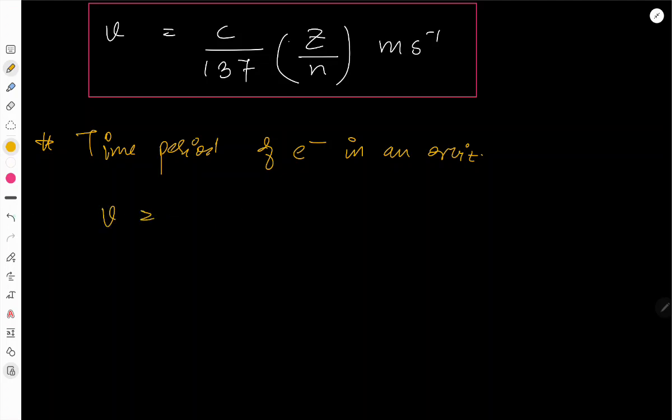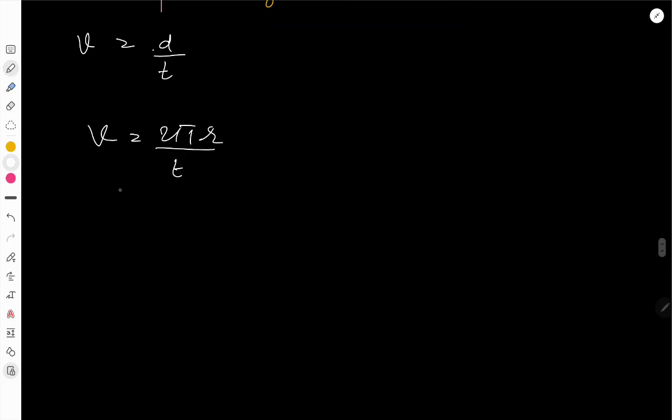So velocity is equal to distance covered per unit time. Over here velocity is 2 pi r by t. The value of r is known and v is also known. So we can get t equals 2 pi r by v.